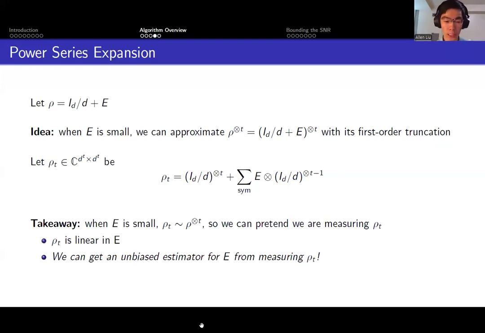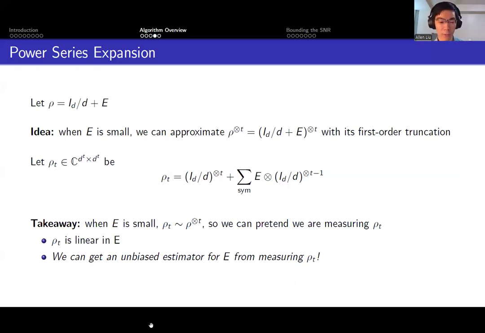The main takeaway is that when e is small, we can replace rho tensor to the t with rho sub t while incurring only a small approximation error. Incurring this small error, we can then pretend that we are actually measuring rho sub t instead of rho tensor to the t. This linear approximation is significantly easier to analyze.